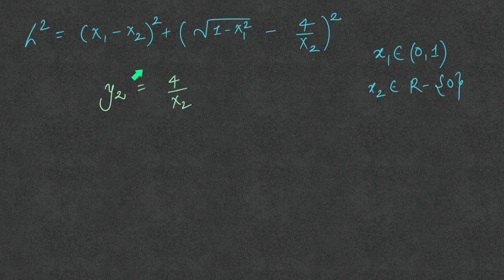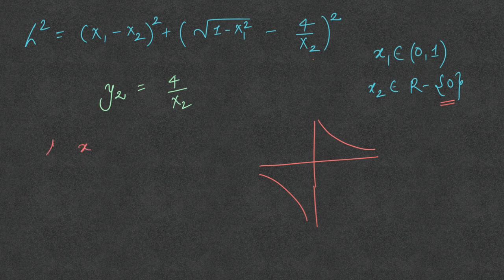If we focus on this function, x2 cannot be equal to 0 because 4 upon 0 will be in the undefined state, so it will be kind of a rectangular hyperbola.